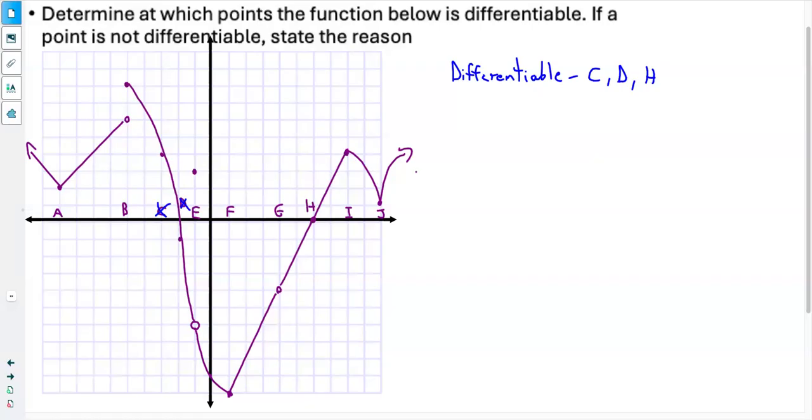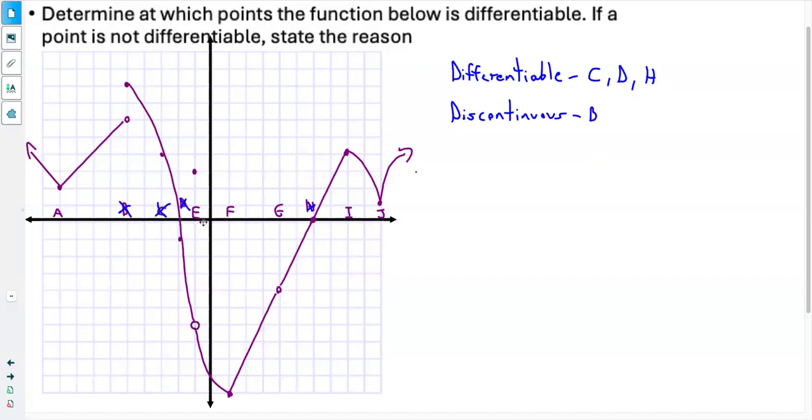Okay, so next we'll go through and mark all of our discontinuous points. So we can see that it jumps from here to here at B, so we know that's discontinuous there.